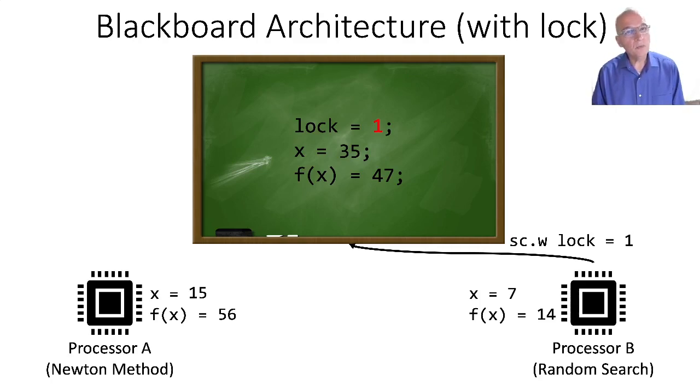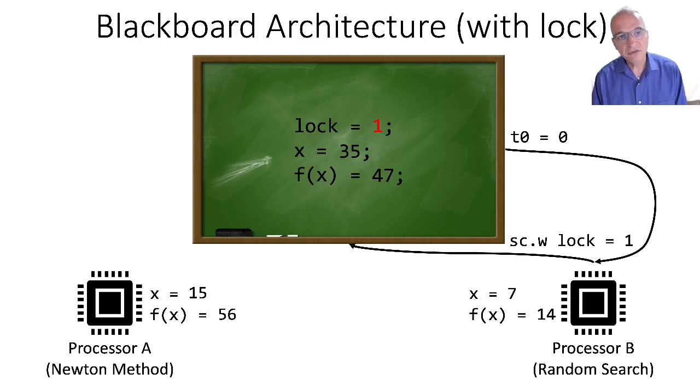In this case, nobody had written to the lock yet, so processor B is going to receive a value of 0, indicating that the store conditional has succeeded, and it can proceed then to read the board and update the board, knowing that no other processor will be accessing the board while it is reading and changing the board.